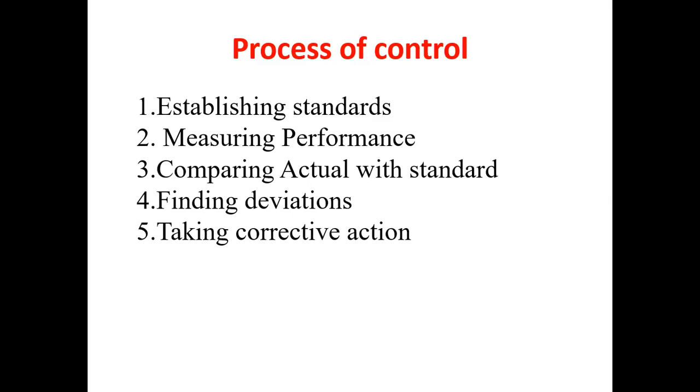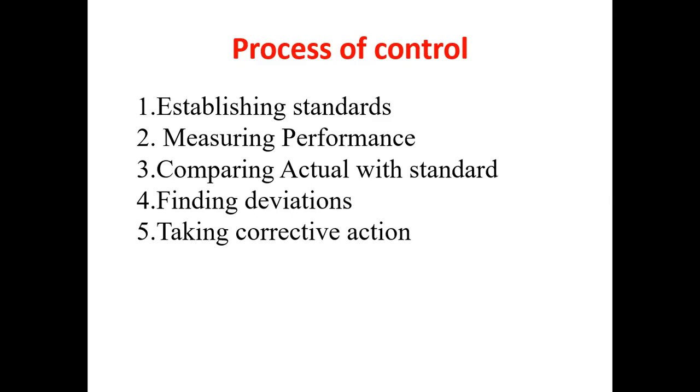There are standards which cannot be measured. For example, the performance of a manager, the deviations of workers, their attitudes towards the concerned employee, morale and motivation are called intangible standards. These are all about establishing standards. Next is measuring performance. Finding out deviations becomes easy through measuring the actual performance.